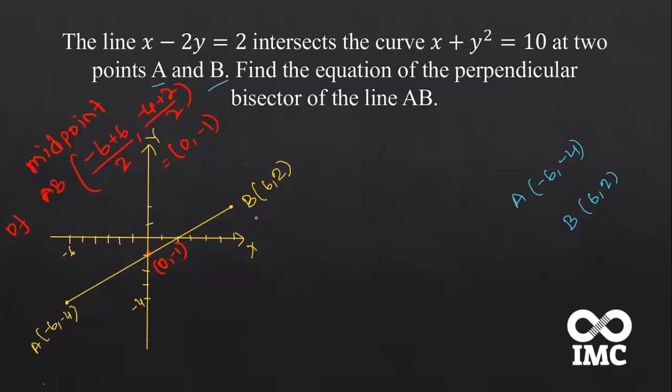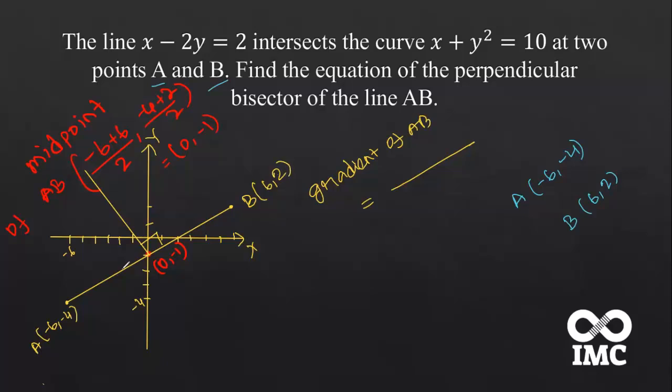Now the perpendicular bisector means we can draw it this way, and it must be at 90 degrees. At first, we find the gradient of AB, which is change in y over change in x, or rise over run.